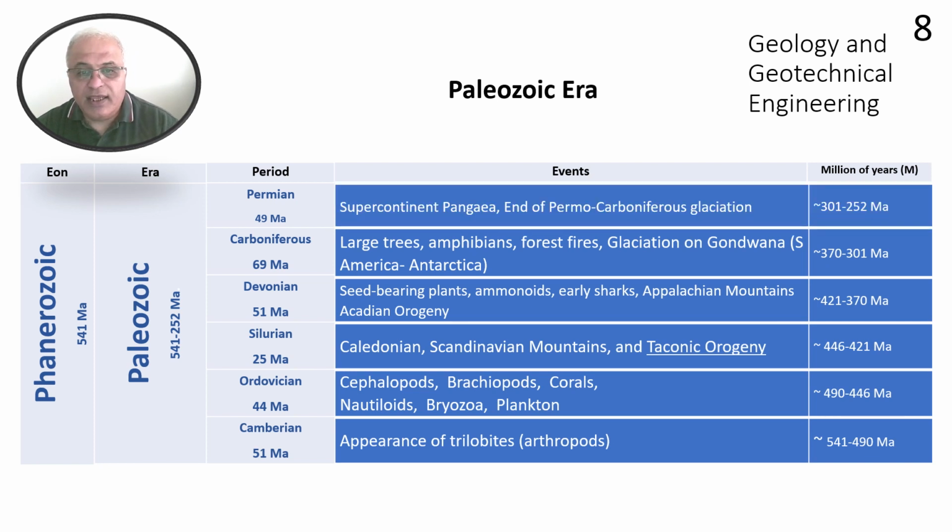The Permian is characterized by the existence of the great continent Pangea, and also the end of the Carboniferous glaciation. The following is a brief presentation of each of these periods of the Paleozoic era, as an attempt to understand the development in the history of our planet Earth.